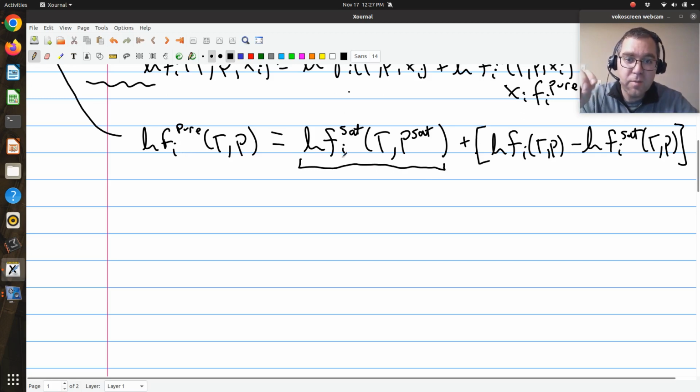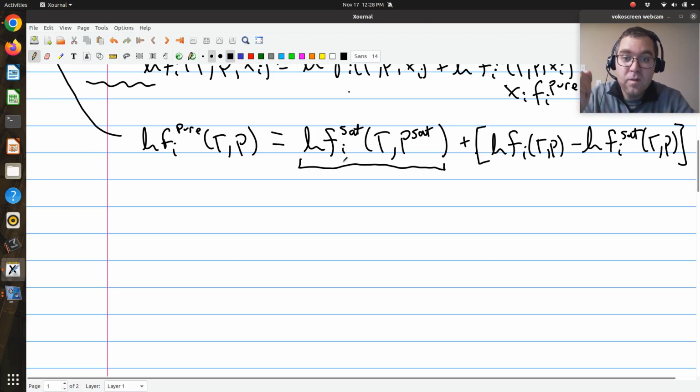This first term is the fugacity of component i at the same temperature but at a pressure equal to my saturation pressure. So this first term corresponds to pure component i at vapor-liquid coexistence at that same temperature. Let's imagine I'm water at 100 degrees C, just because I can remember the saturation pressure of water. So maybe this is the fugacity of pure water at 100 degrees C and 1 bar.